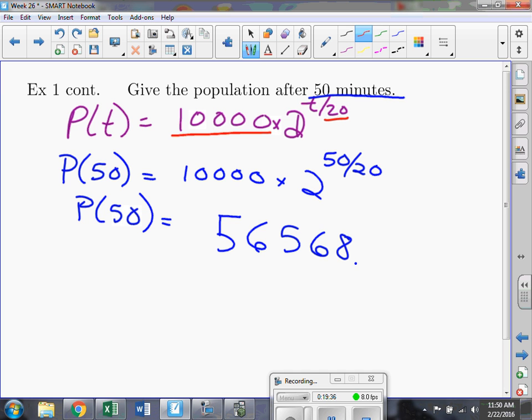Science will always have you look at significant digits based on measurements. In math, we will make the assumption every single number you're given is an exact value. We will always have in math the assumption that we started with an exact 10,000, not a rounded 10,000. It is exactly 20 minutes, not a rounded 20 minutes. And so we can go as far as we'd like with our significant digits.